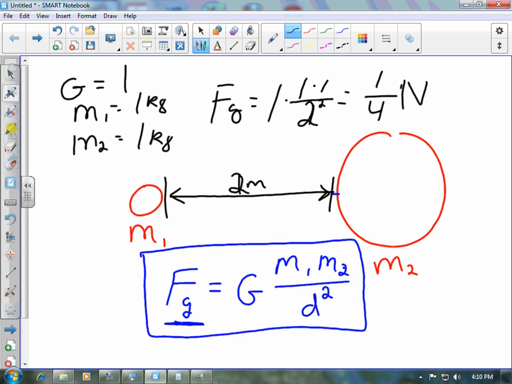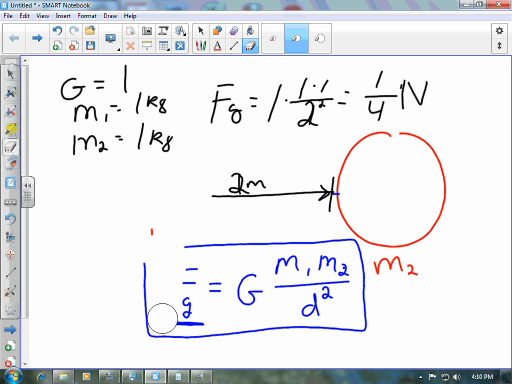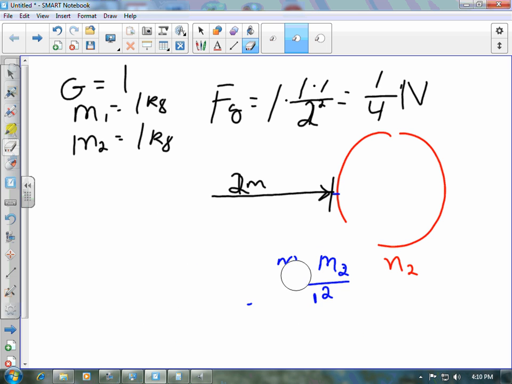So if you graph this out, this is what you get. Let's do a graph now of this gravitation equation.